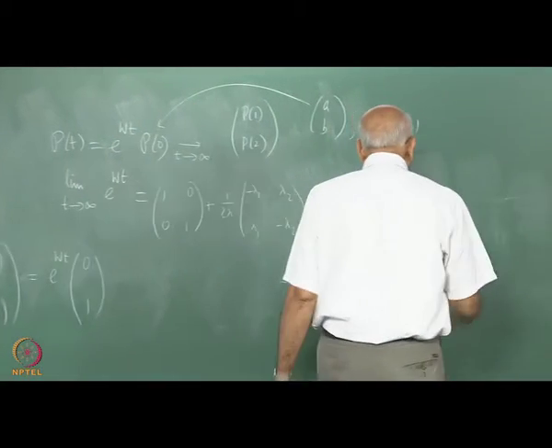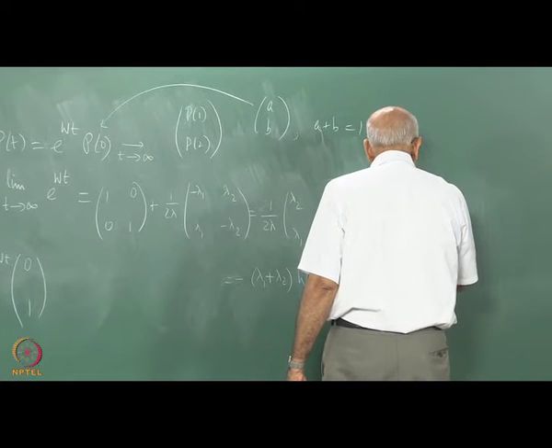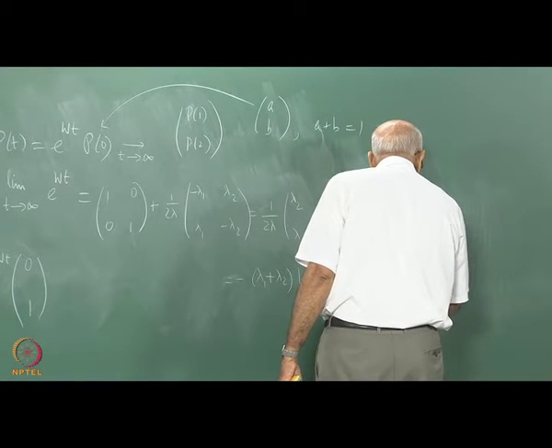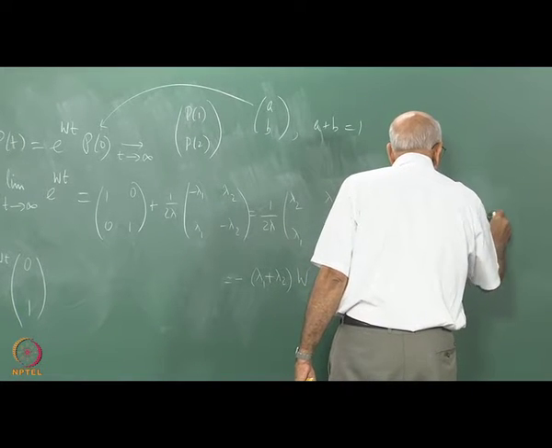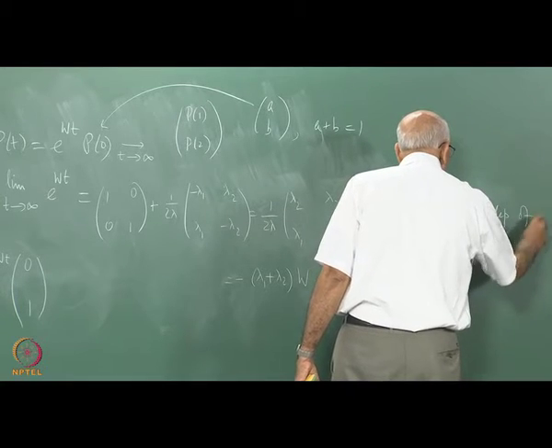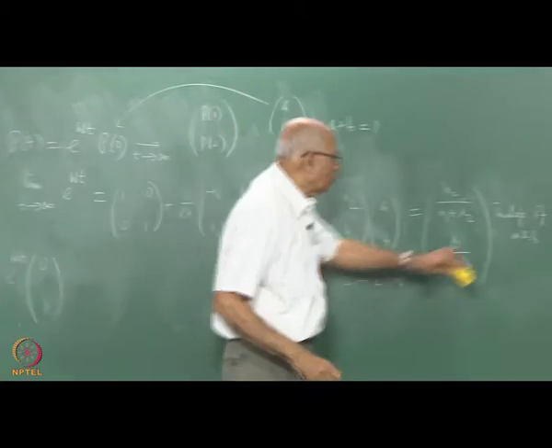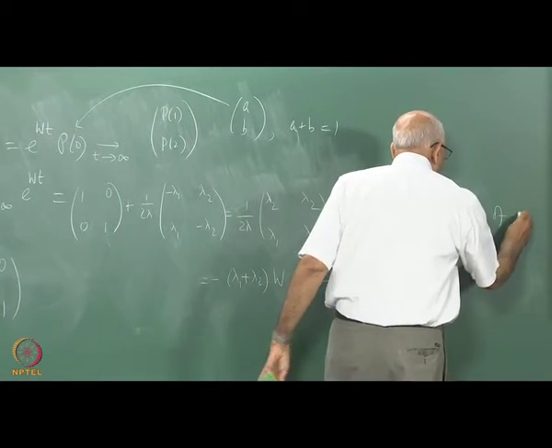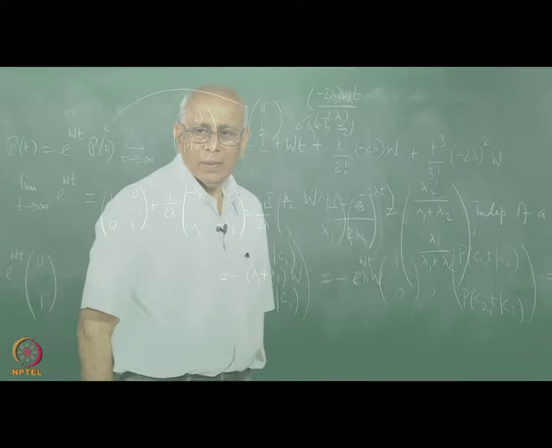So this indeed gives you lambda 2 over lambda 1 plus lambda 2 and lambda 1 over lambda 1 plus lambda 2, independent of a, since b is 1 minus a. So that corroborates the requirement we had that the stationary distribution should not depend on the initial distribution at all.